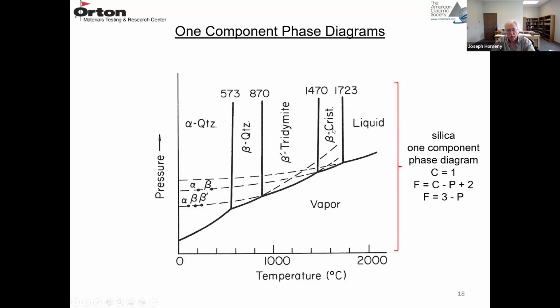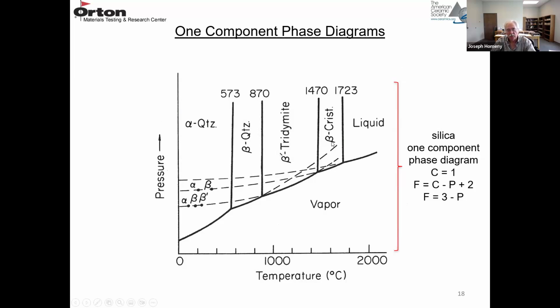So beta cristobalite may not form, especially if you cool it quickly. So this dotted line represents the metastable state where the liquid is still present. It wants to transform to the crystalline phase.